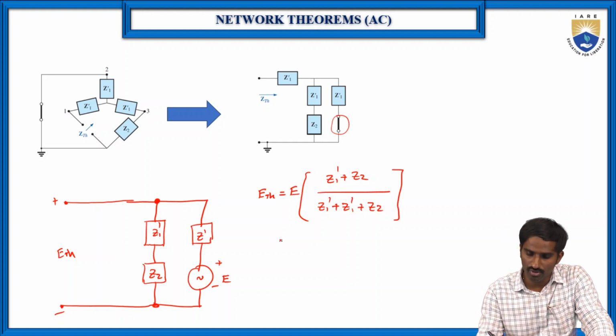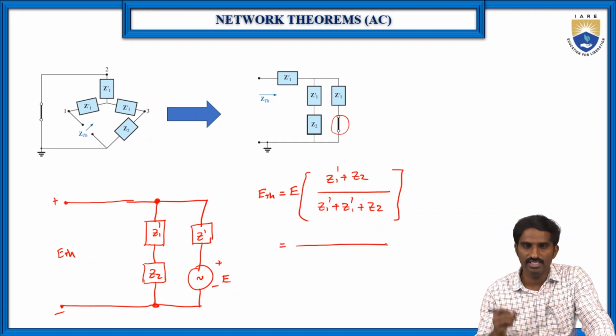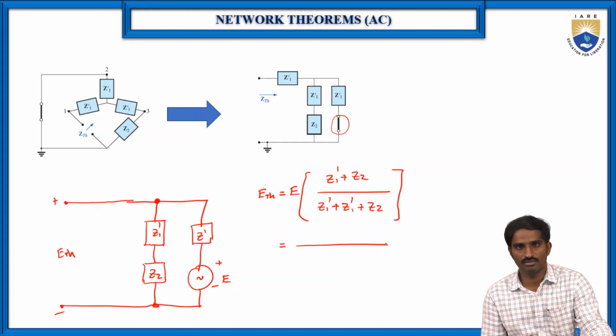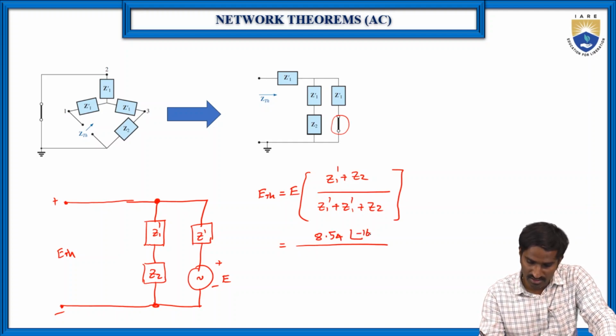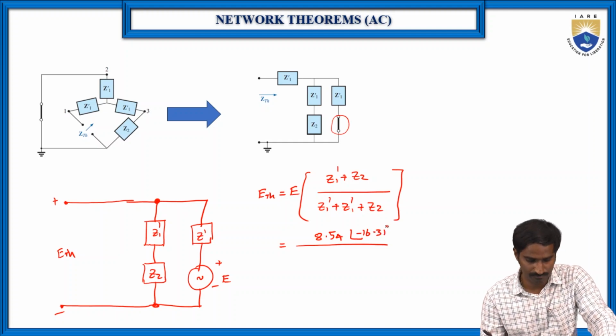If you substitute all these values, you will get the E Thevenin value, which is 8.54 at an angle of minus 16.31 degrees.